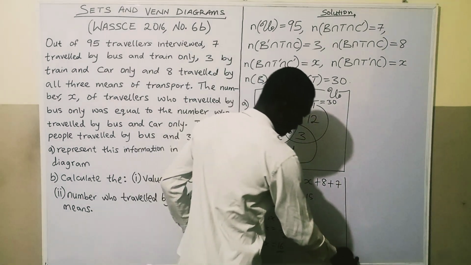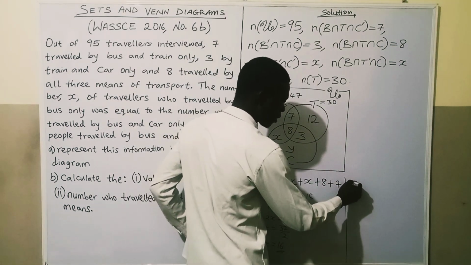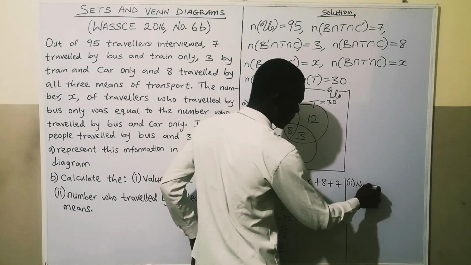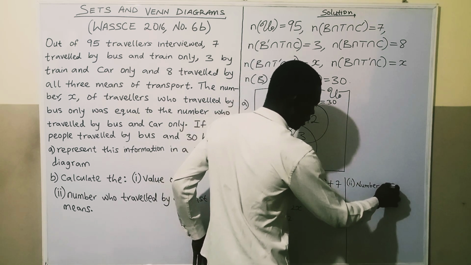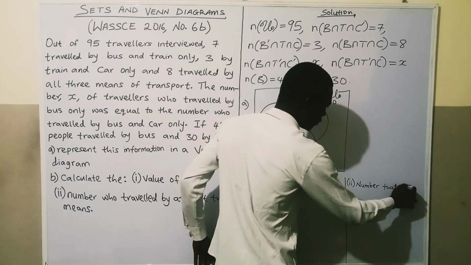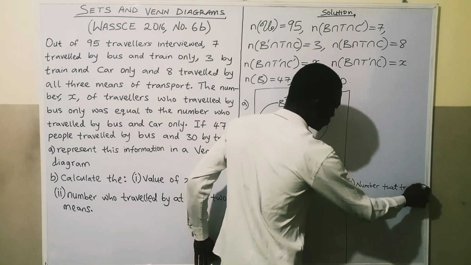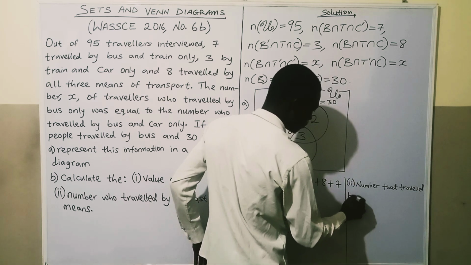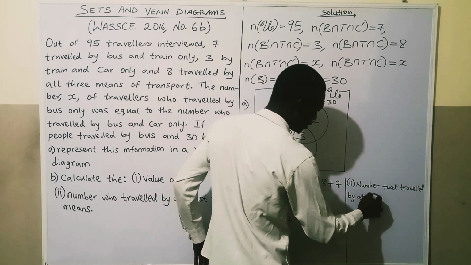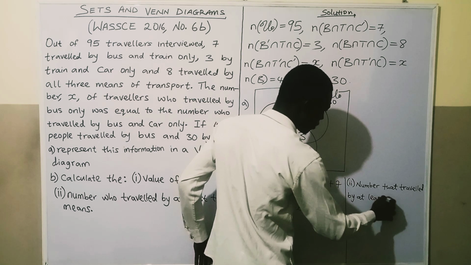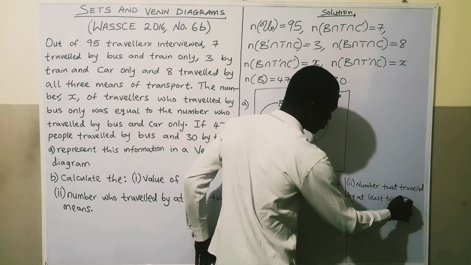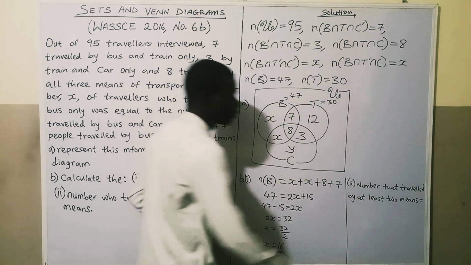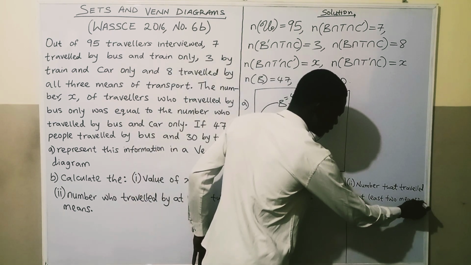And if we are going to get that out, so we say B Roman figure 2, the number that traveled by at least 2 means.